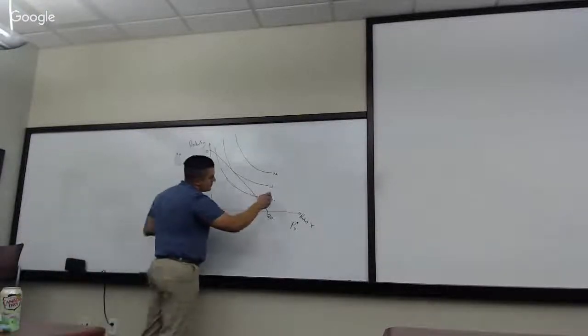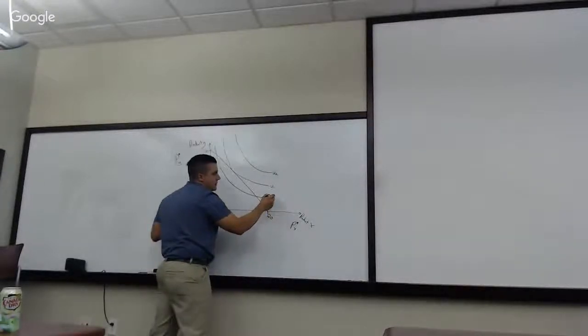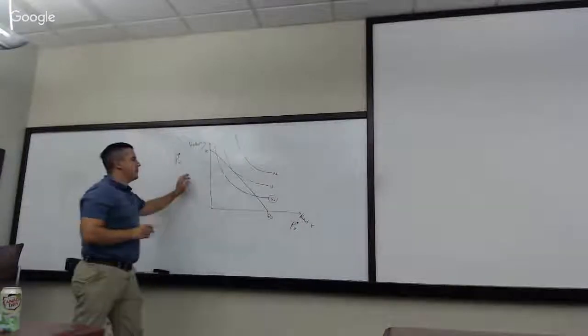So if we're talking about this consumer, we look at utility, our indifference curve U0.